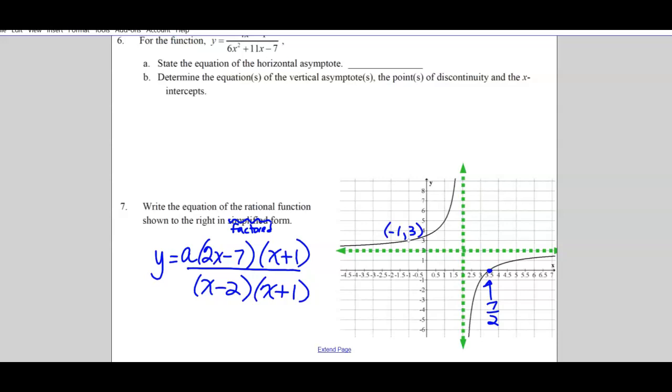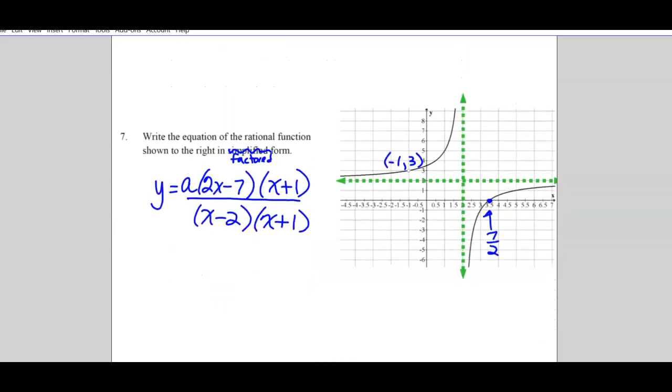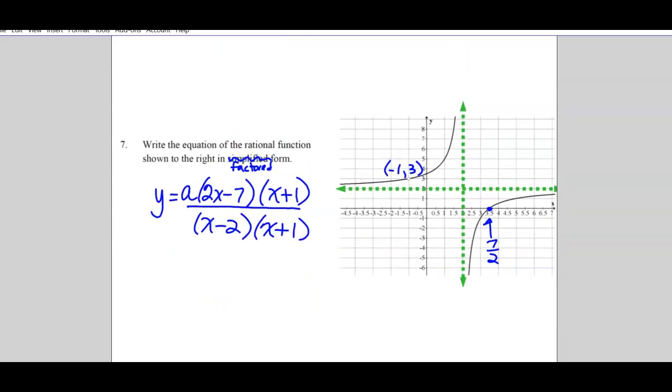So what do we have to do? If you're not sure, let's actually choose a point and figure out what it is. What you would do is go to your simplified, not with the x plus 1's, right?